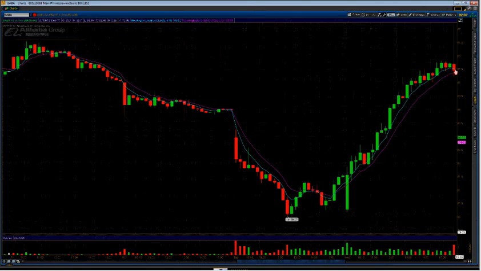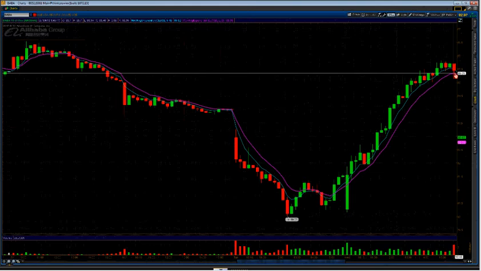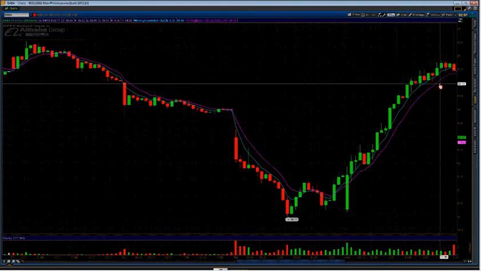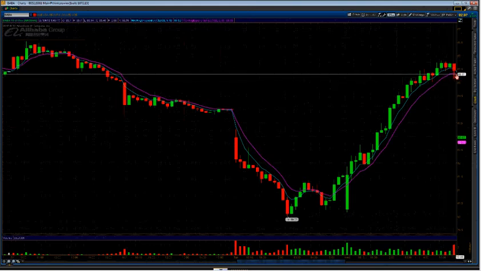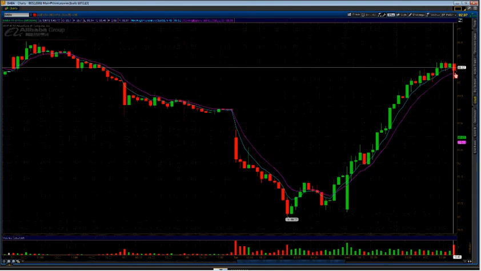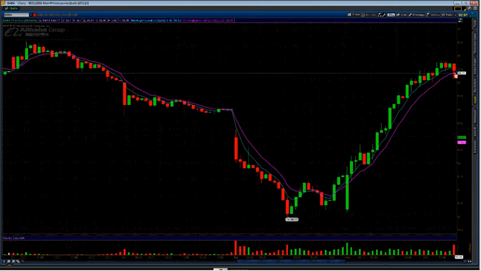What happens here? My 5 hasn't crossed it yet, though.